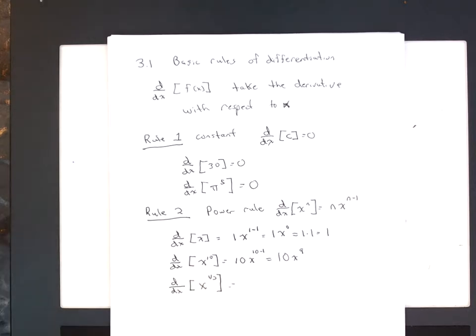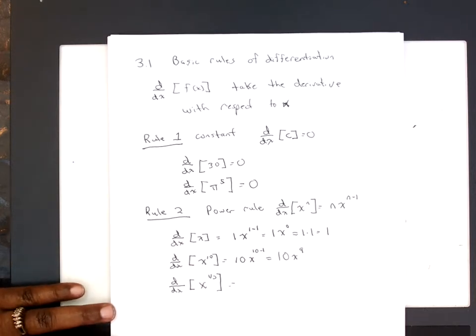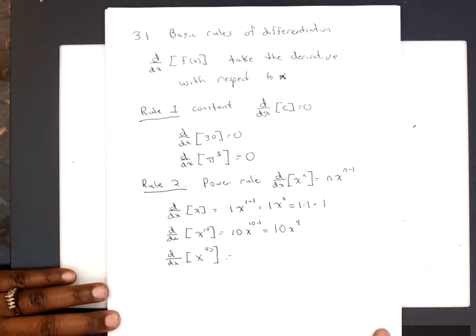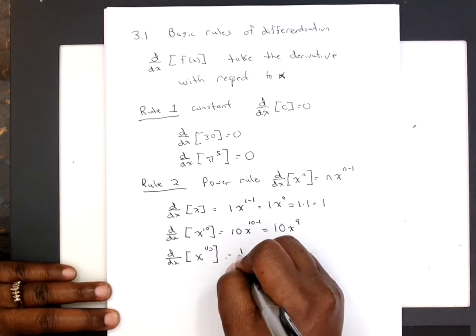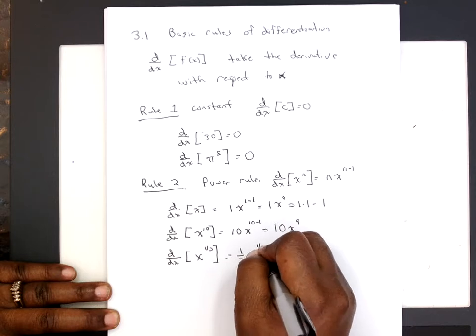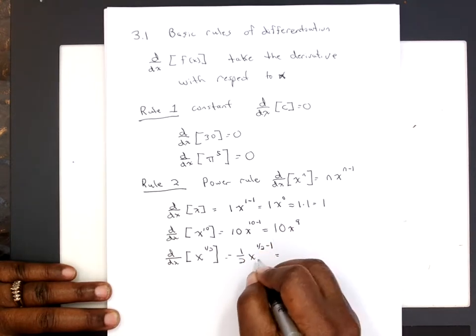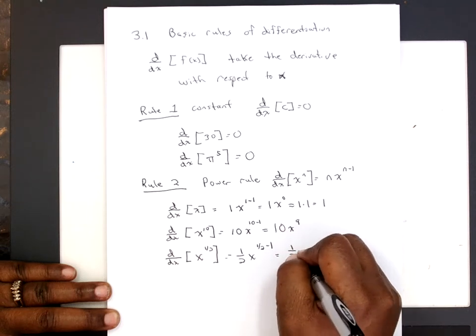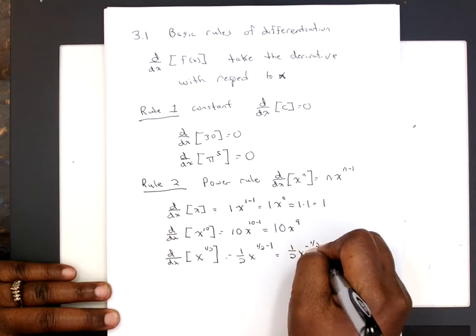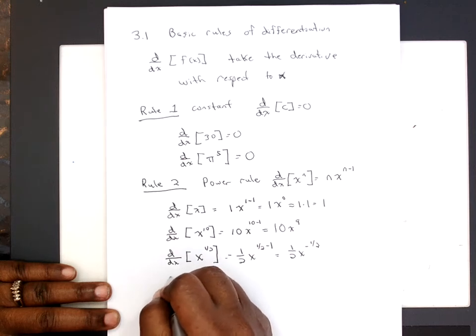Those exponents don't have to be just nice whole numbers. They can be fractions, they can be negative numbers, it could be anything, but I'm still doing the same steps. So I'm going to multiply the 1/2 out front, and then subtract 1 from the exponent. So 1/2 minus 1 gives me a negative 1/2. So that's my derivative.